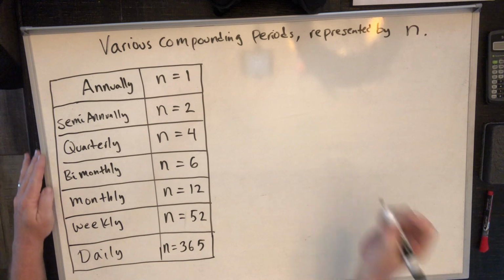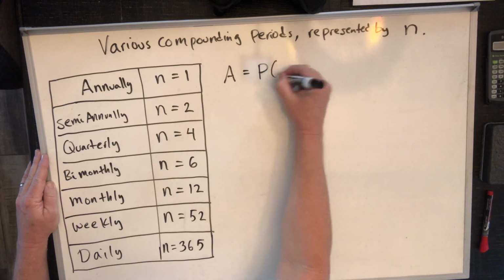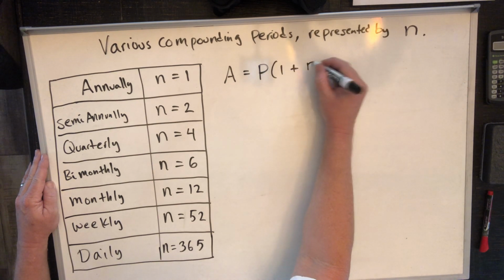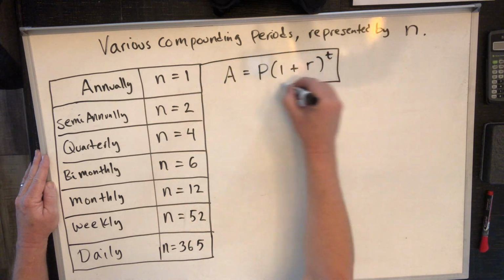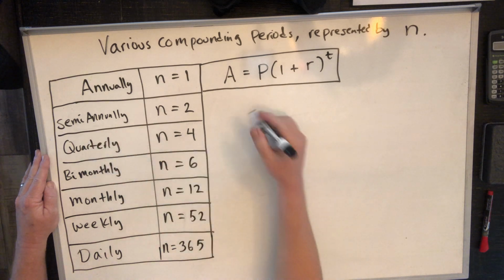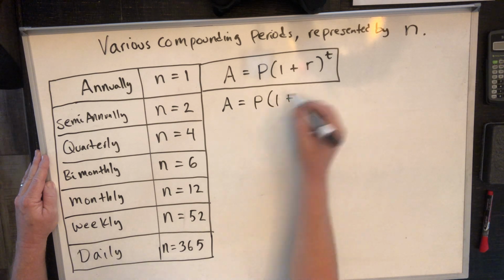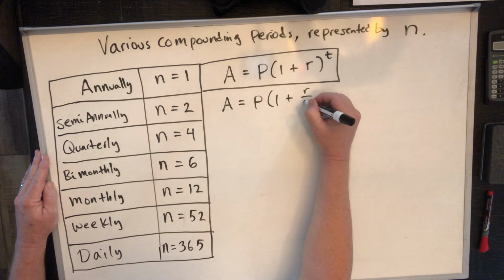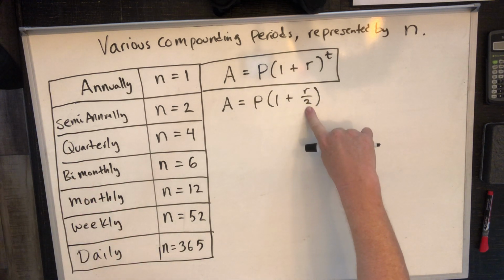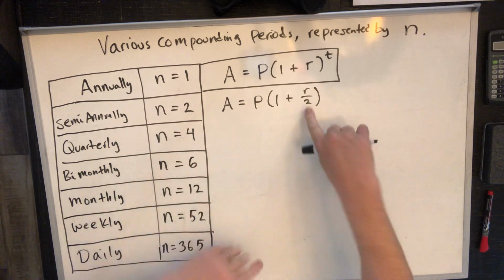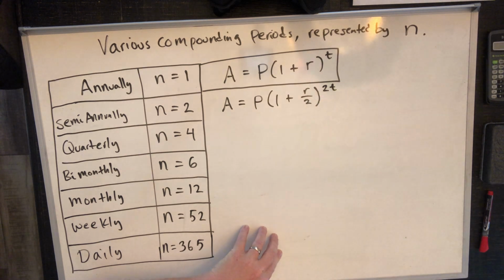So we have various formulas for this. For annually, the amount that you owe is the principal times 1 plus r to the t. For semi-annually, well, semi-annually means every year you cut the interest in half, because you're going to apply half of the interest 6 months in, and then at the end of 6 months, you're going to apply the other half of the interest.